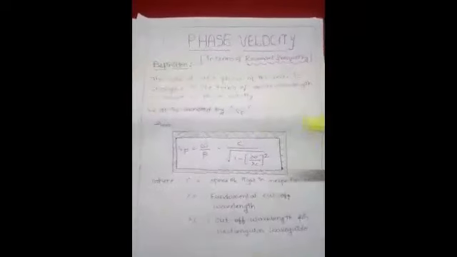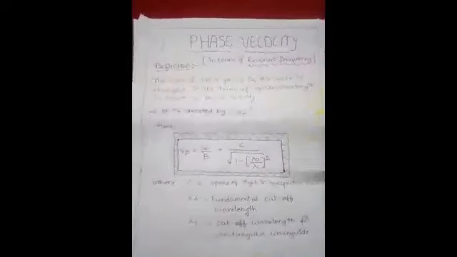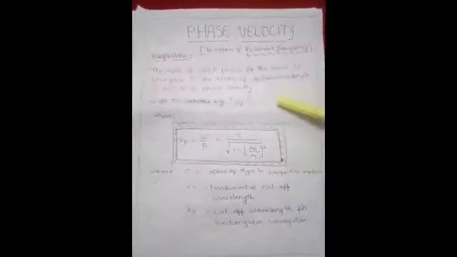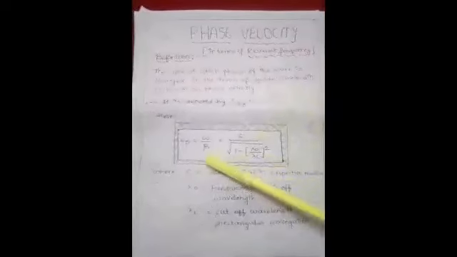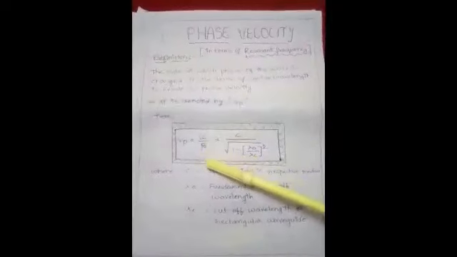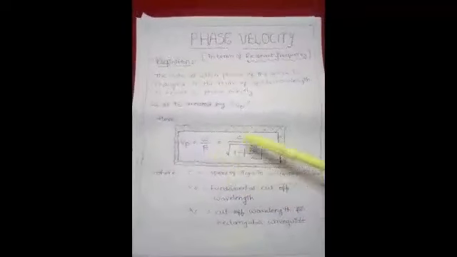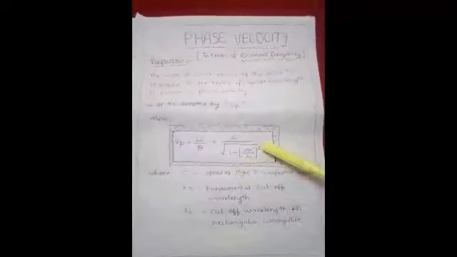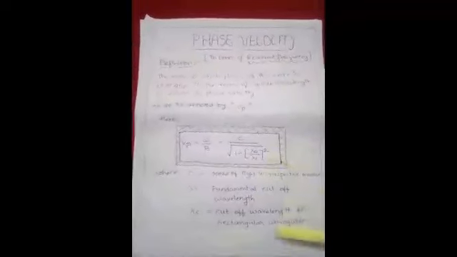Whenever it is asked to write about phase velocity, a simple formula for phase velocity is Vp equals omega by beta, which equals C by root over 1 minus lambda naught by lambda C whole square.